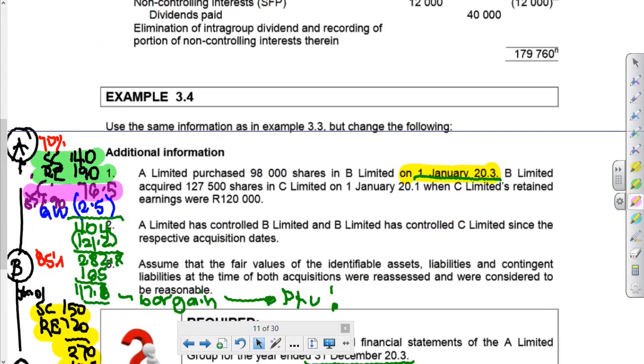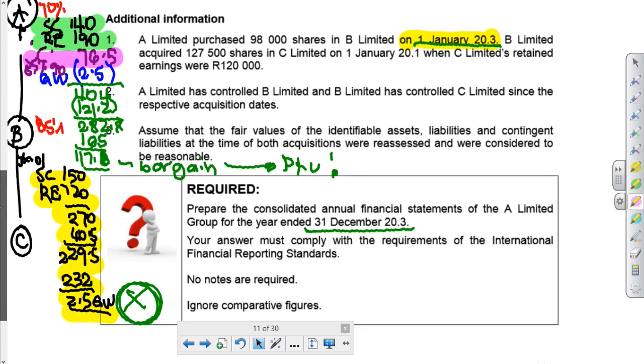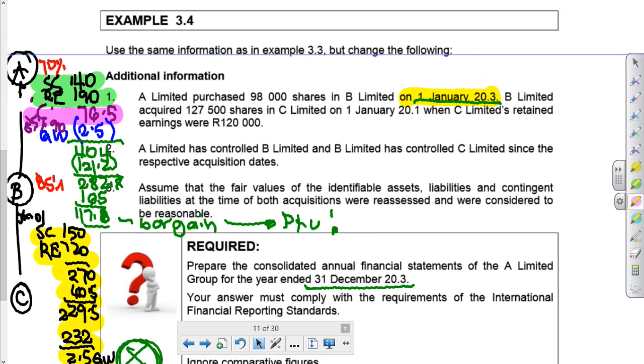Then, the other thing I'm going to bring in, listen carefully because it can be a little bit confusing, is the goodwill. Because included in the assets of B is an investment in C. That investment in C is overstated. It exceeds assets minus liabilities by 2.5.